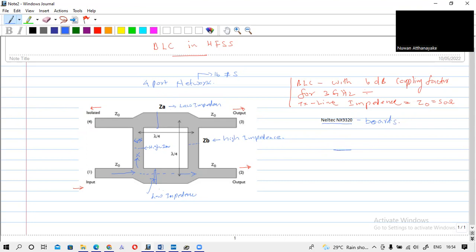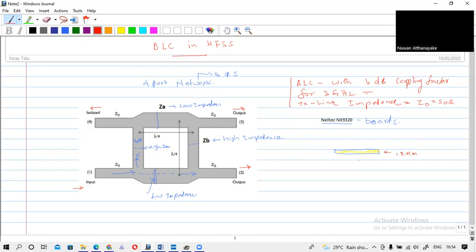We have a very thin copper layer. This will be a copper layer, and it is very thin, about 18 micrometers. A thin copper plate, copper sheet.